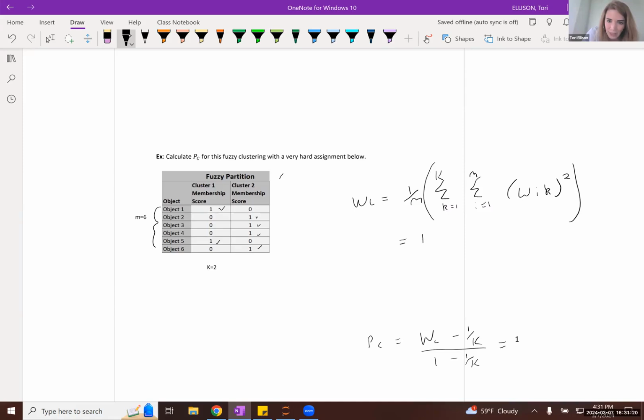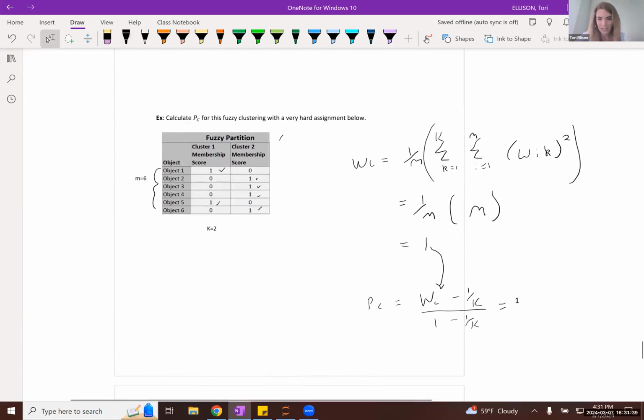So what we end up getting is 1 over M times simply M. So that gives us a WC value of 1. And so when we plug in that WC value into our PC, the normalized Dunn's partitioning coefficient, then we get 1 minus 1 over k divided by 1 minus 1 over k. So that is just 1.